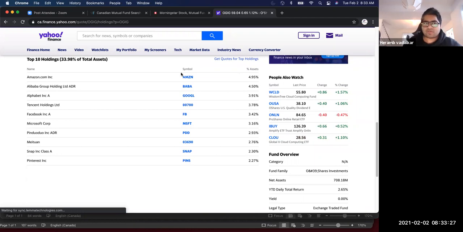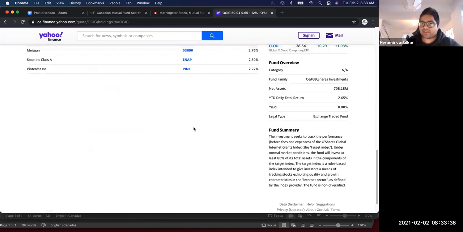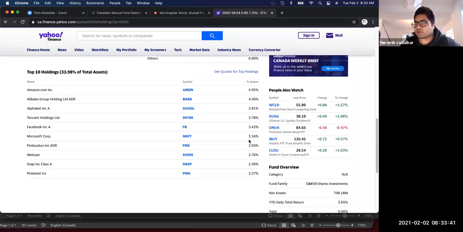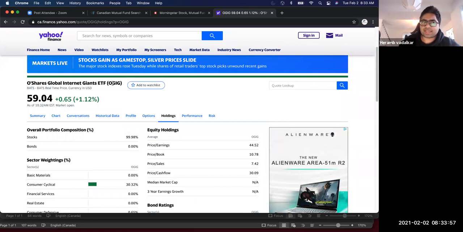So it has Amazon, Alibaba, Alphabet, Tencent, Facebook, et cetera. This ETF invests in tech companies around the world, but it doesn't follow a specific index. It has some American companies, some Chinese companies, and a little bit of Asian companies too. So OGIG is an example of an active ETF.